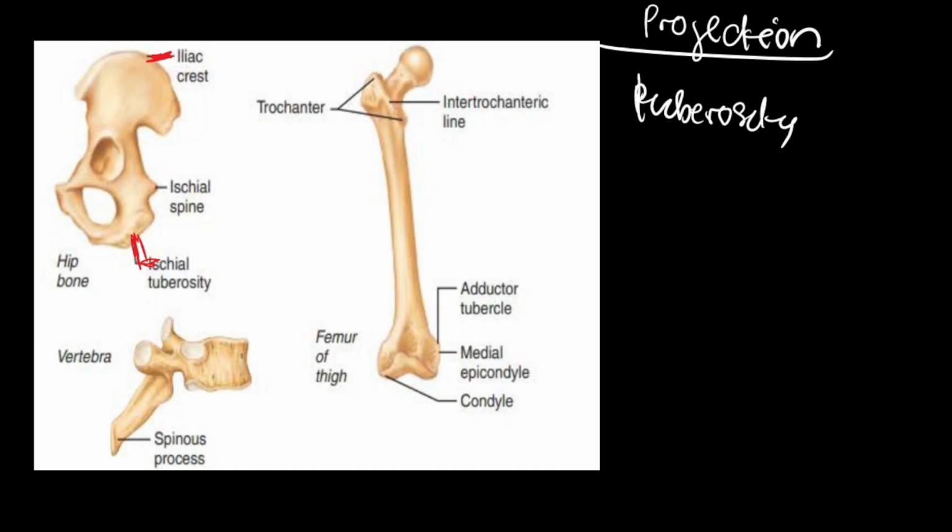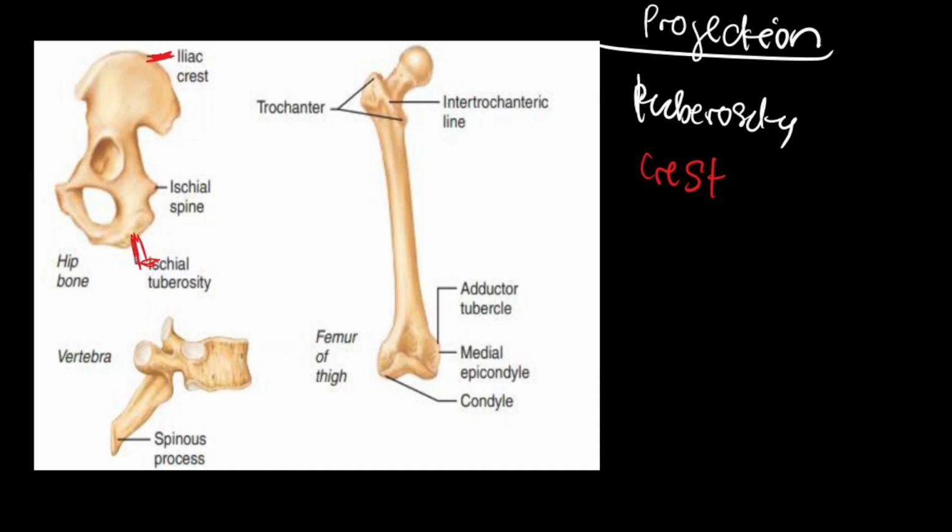They have different fancy names for these elevations based on where they occur. A projection on one structure could be a tuberosity, and on another structure it's a crest, based on its location and also based on how it appears. The tuberosity is more rounded than narrow. We have the crest, and an example here is the iliac crest.